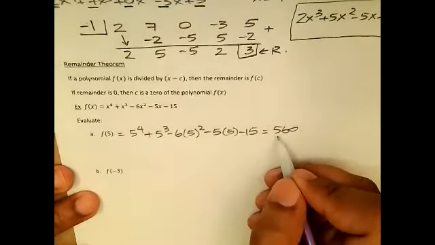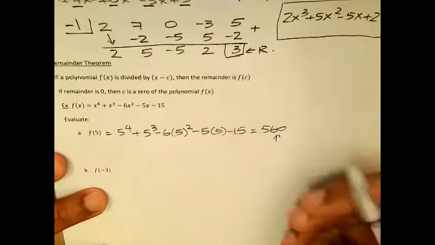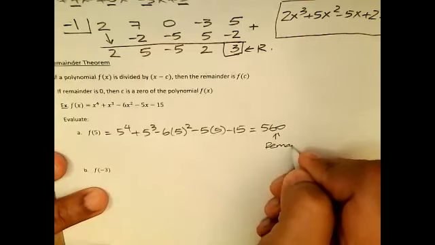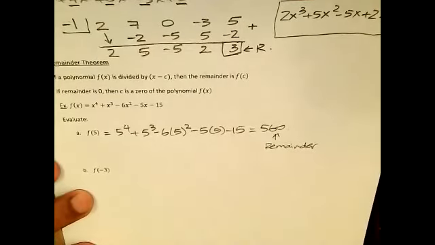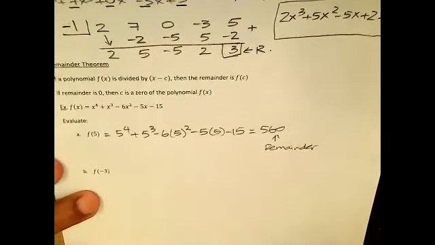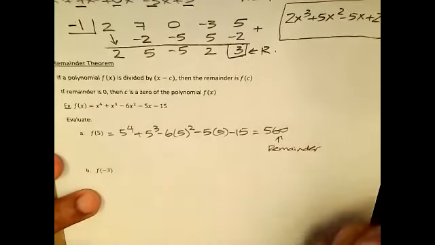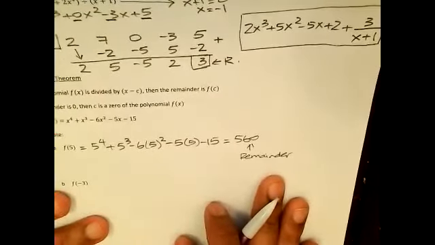So the number that I get when I plug in 5, that number tells me what the remainder would be, okay? So this 560, that is my remainder, okay? Now, what is this a remainder of? So it's basically telling me that if I were to do, let's say, synthetic division for this function right here, okay?